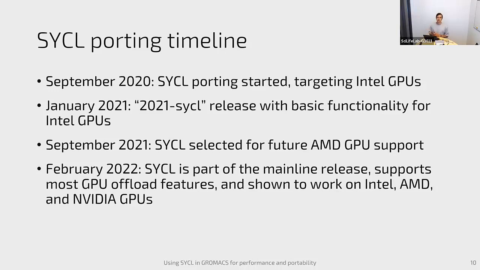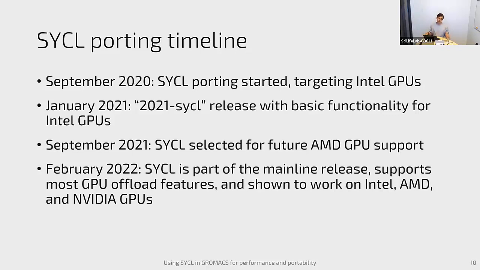1 year into the project, we decided that we will also officially support SYCL for AMD GPUs. It will be the main official recommended means to run GROMACS on AMD. And the next GROMACS runs on a yearly release schedule. So February 2022, GROMACS 2022 is released, and SYCL is now part of the main release.